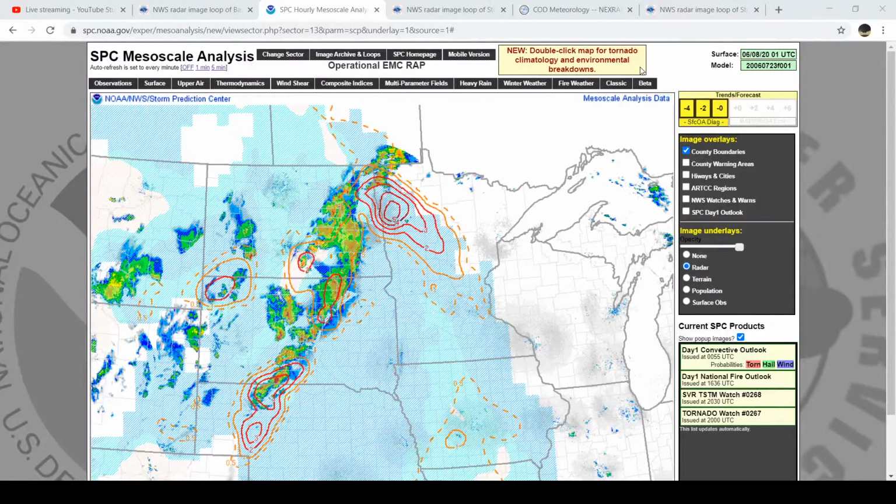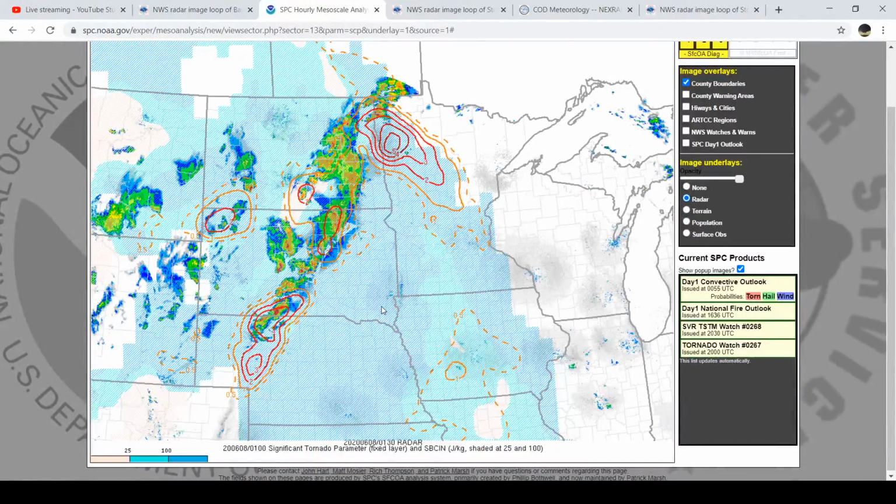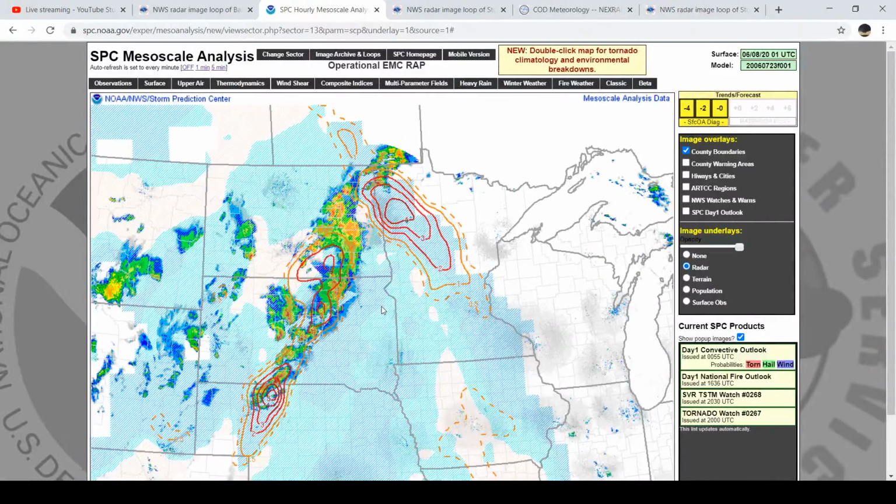Which in this case, I think it's set to 1. Oh, it might be set to 0.